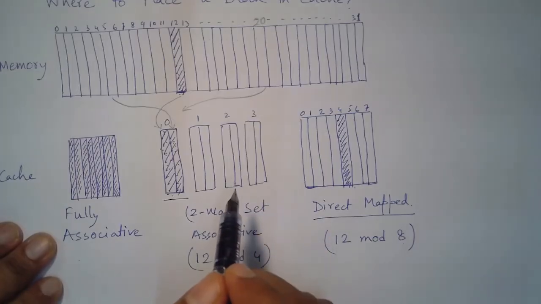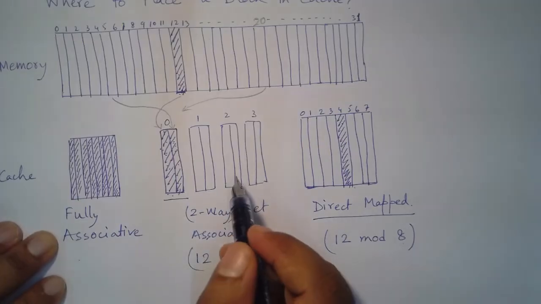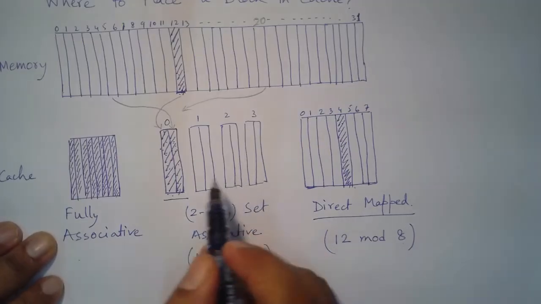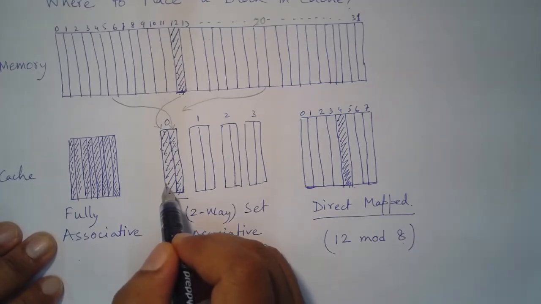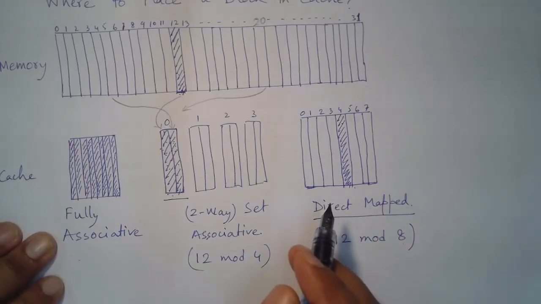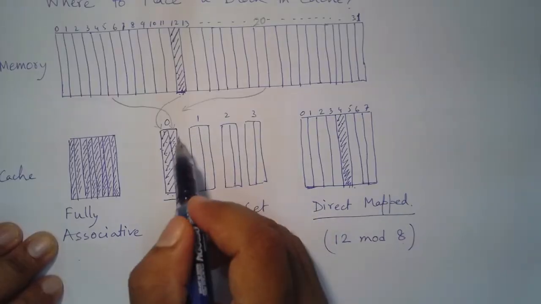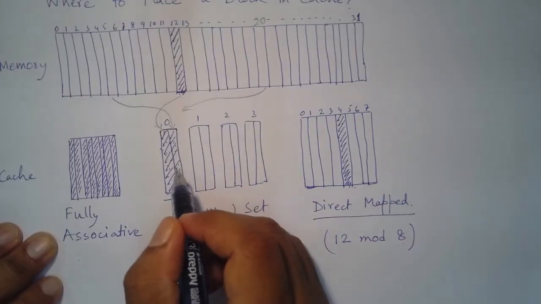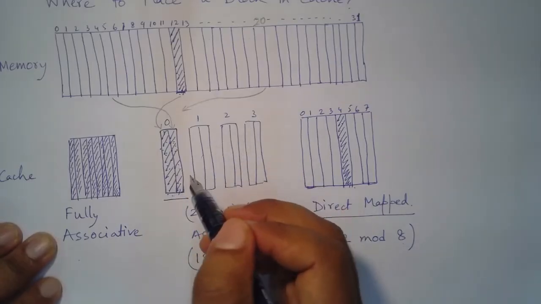Because from our earlier discussion on temporal locality, we know that the block which is more recently used is very likely to be used more compared to the block which has not been used for quite some time. So with this in mind, we can replace the block which is least recently used with the new block which we want to bring in.